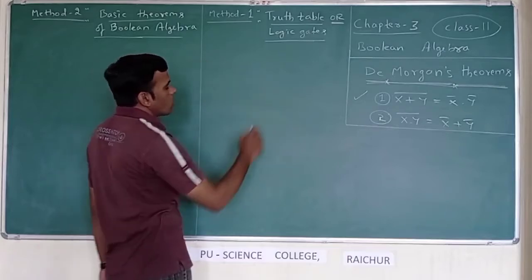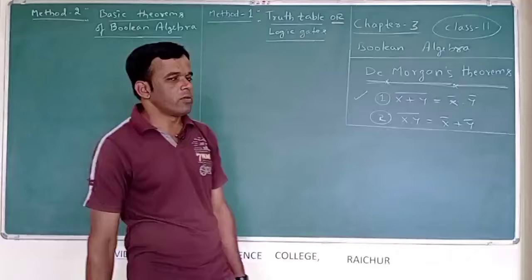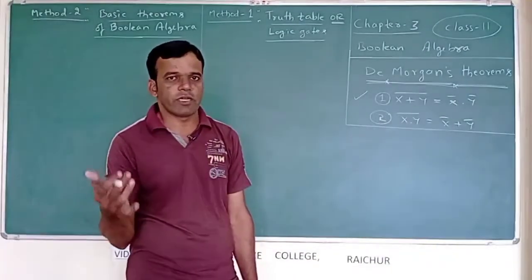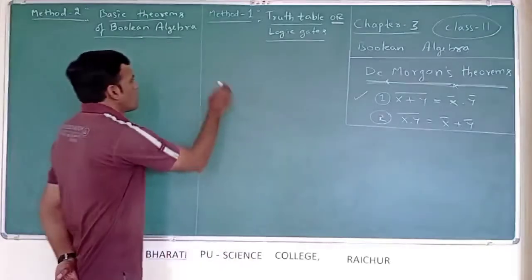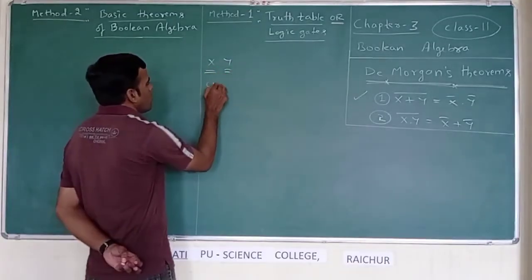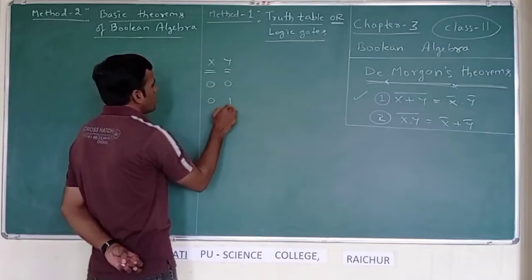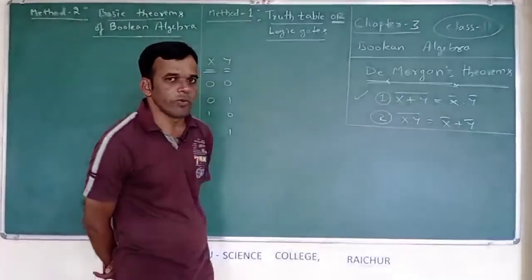There we have overall two different variables, x and y. So in a truth table we are going to get 4 different combinations of zeros and ones for the two variables: 0 0, 0 1, 1 0, and 1 1.